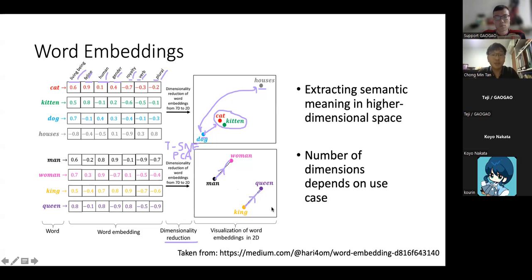People have shown that if you take woman minus man plus king, you get queen. You can do stuff like that in the embedding space, which is pretty cool if you ask me.